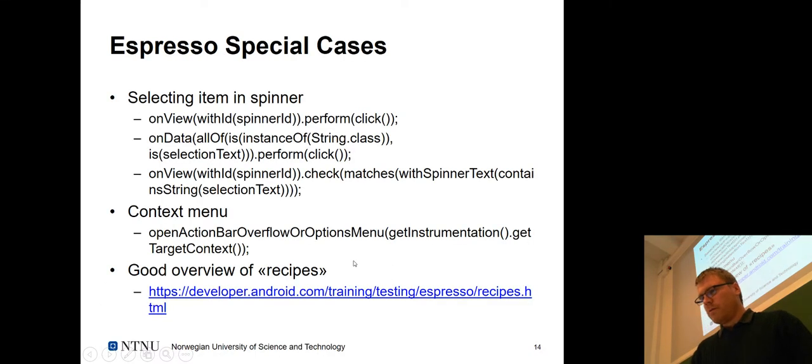Cool. So yeah, special cases, selecting an item in the spinner. That would be something that's worthwhile doing. But you'll find a lot of recipes on this at this URL. I'll upload the slide set later, because it explains how you can pick nearly any kind of Android component you can interact with. Mind you, test it on your virtual devices.